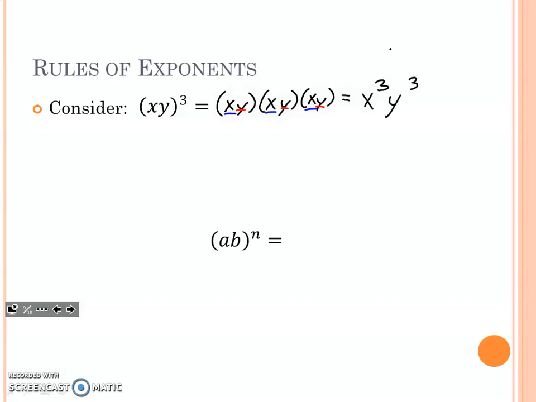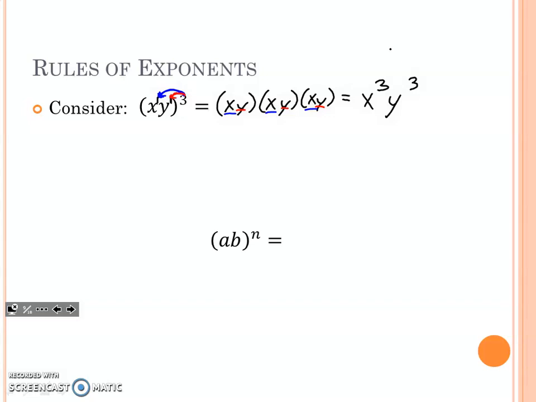So basically this is showing us that 3 goes to the x and that 3 goes to the y, and we know they multiply those numbers. If x doesn't have an exponent, that's x to the 1st power. Y doesn't have an exponent, that's y to the 1st power. So we would take 3 times 1 to give me my x cubed, and 3 times 1 to give me my y cubed.